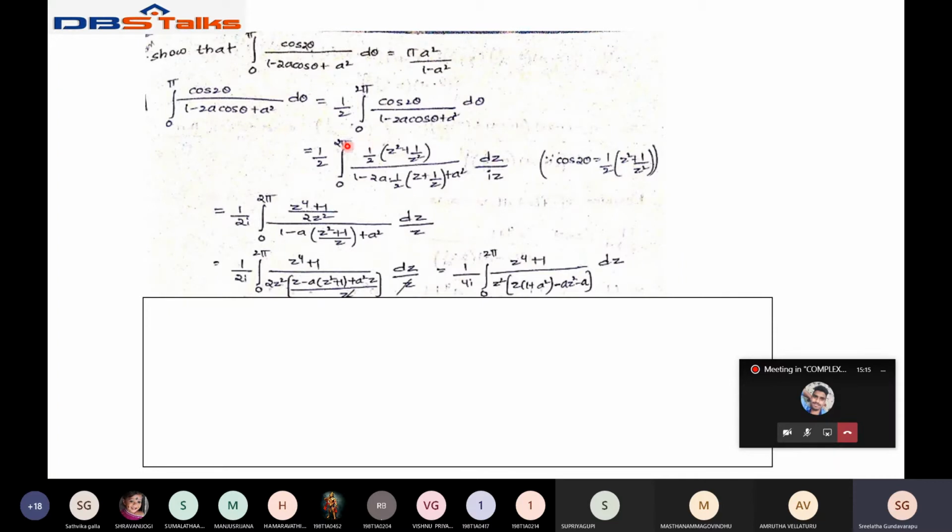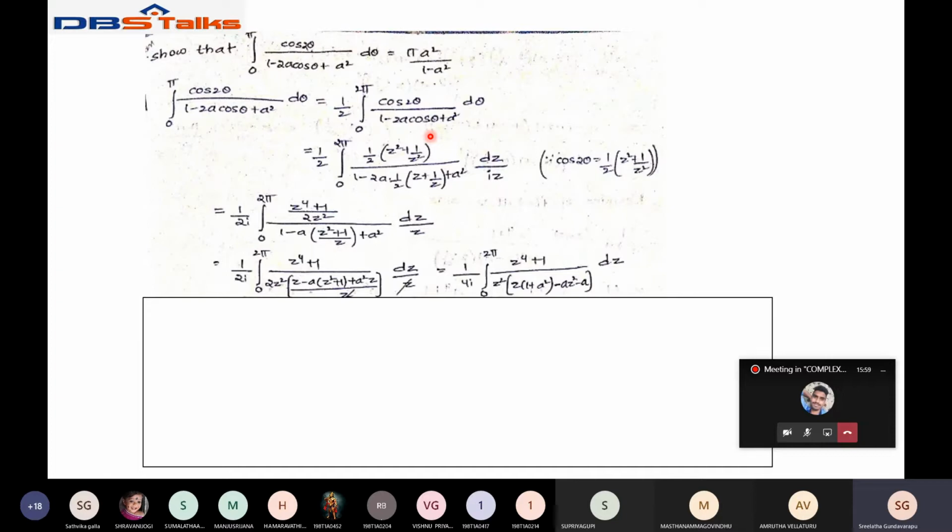So the given problem can be written as (1/2) ∫ from 0 to 2π of cos 2θ / (1 − 2a cos θ + a²) dθ. That equals (1/2) ∫ of (1/2)(z² + 1/z²) / (1 − 2a·(1/2)(z + 1/z) + a²), and dθ is dz/(iz). So 1/(2i) is a constant, and it can be written outside the integral.